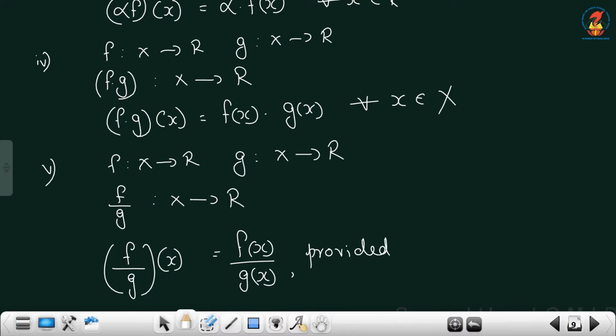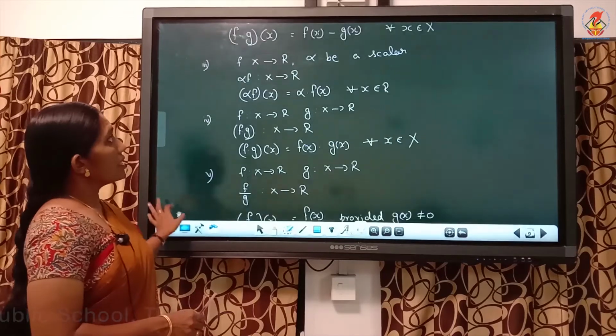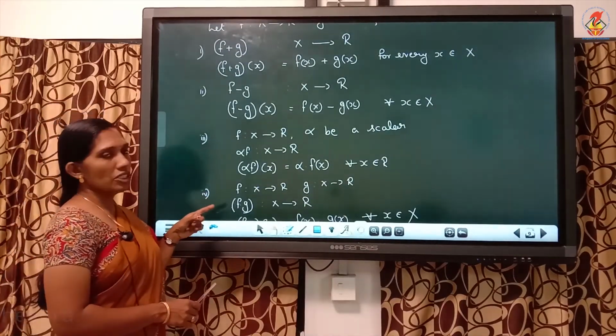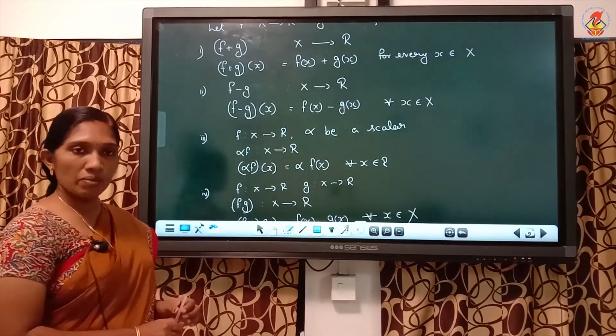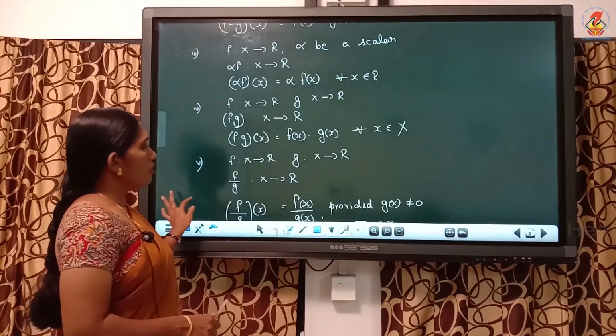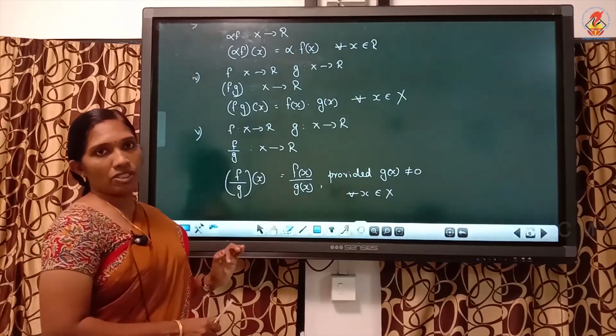If the denominator is 0, it is not defined. And this holds for every x belongs to capital X. So these are the algebra of real functions: addition of two real functions, subtraction of two real functions, then multiplication by a scalar, then multiplication of two real functions and quotient of two real functions.